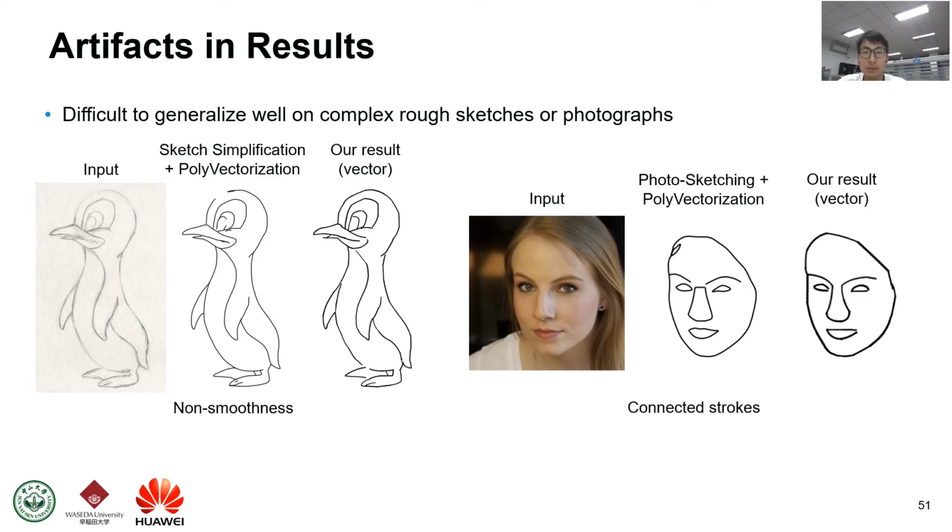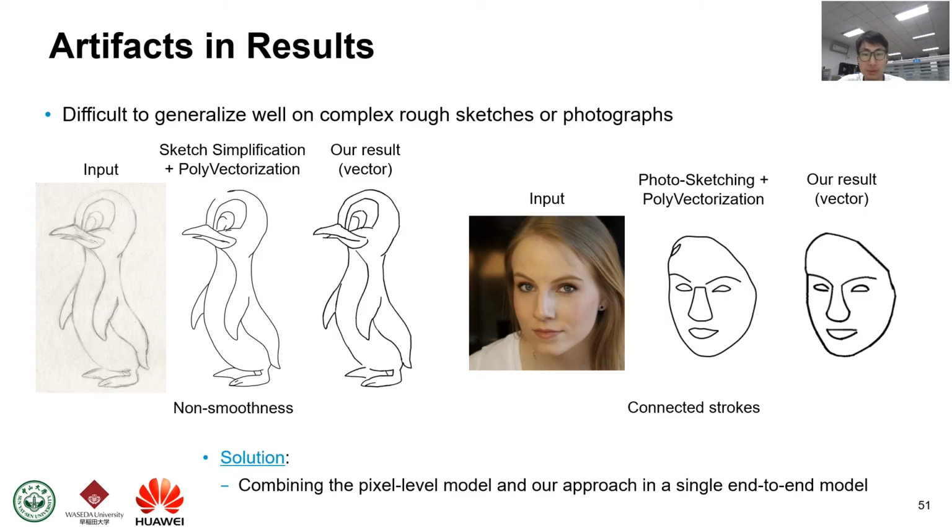In the face image to line drawing, the nose in our result is connected with the eyebrows, while they are clearly separated in the result from photo sketching. To improve the performance, combining the pixel-level sketch simplification or image-to-sketch model and our approach in a single end-to-end model can be a promising future direction.